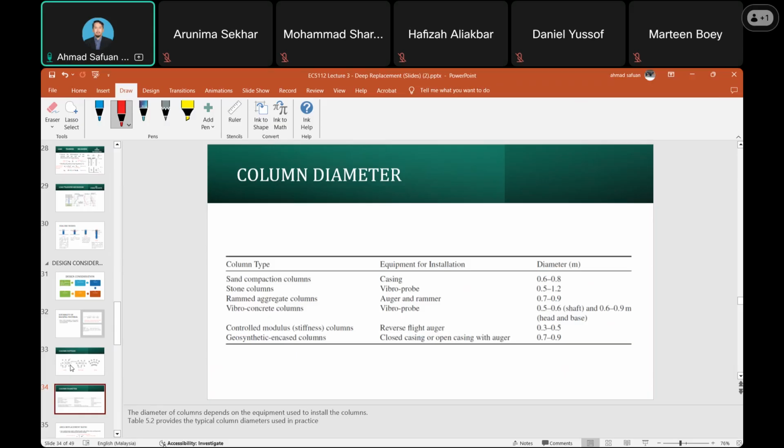For the vibro concrete column, it depends on the shaft and base. The maximum for the shaft is 0.6 and 0.9 for the base. Controlled modulus stiffness column is 0.5. Geosynthetic encased column is 0.9. That is the maximum column diameter.